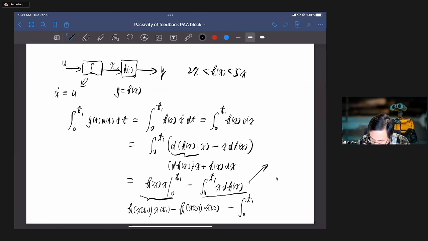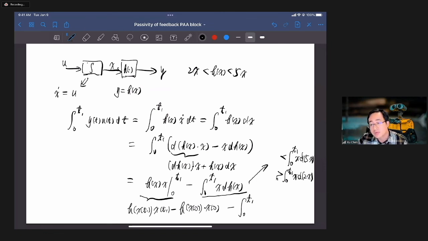This term is going to be at most x times d5 of x, and then it's going to be at least x times d2 of x, because of the sector bounds.